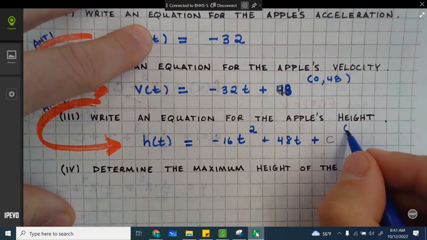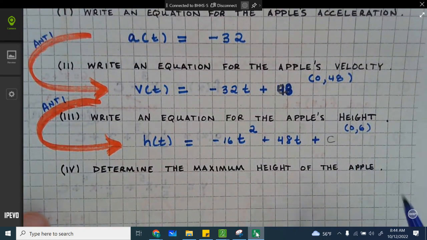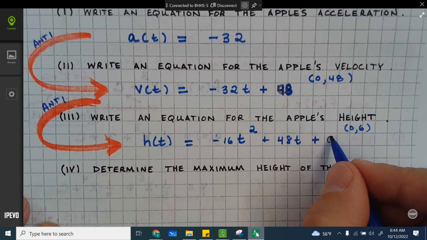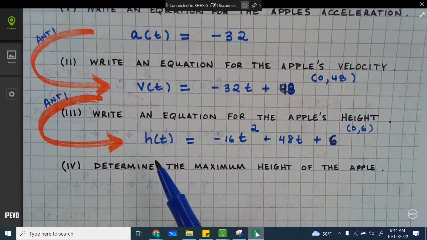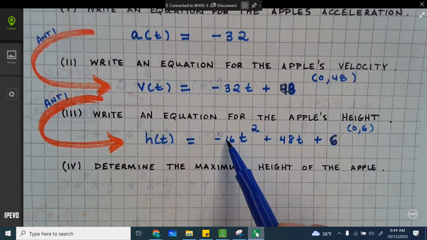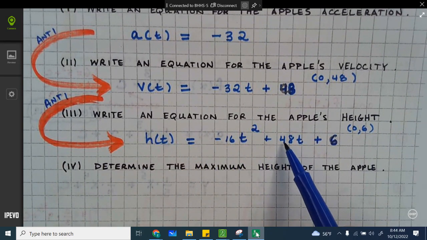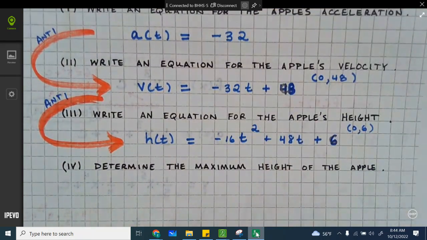We know that at time 0, since we are 6 feet tall, c is going to have to be 6. So if MJ gave you some equation that's like height is equal to half of the acceleration times time squared plus the initial velocity times time plus the initial height, once again, just calculus. That's something you guys can derive now.